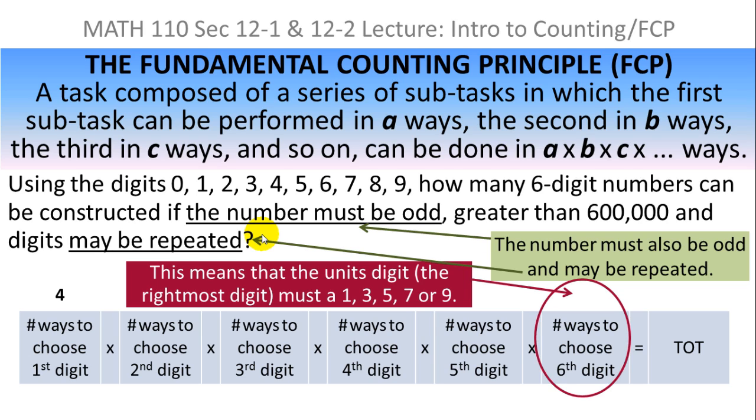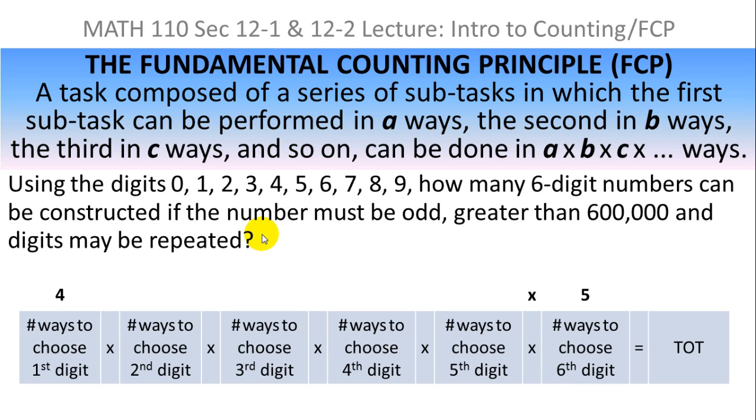That's how I tell if a number is odd. I look at the units digit and see if the units digit is odd. So there's 1, 2, 3, 4, 5. There are 5 odd digits, so I can choose that to be any of those 5 odd digits because I can repeat. So even if the first digit was an odd, I could reuse it. Okay, that takes care of the first and the last digit.